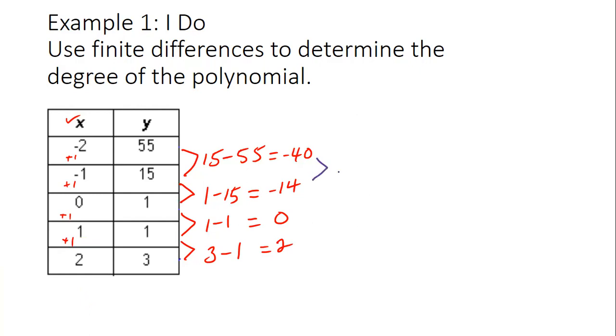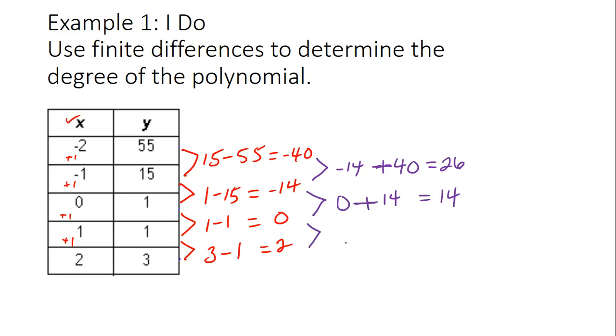Now we're doing negative 14 minus negative 40. A negative times a negative is a positive, so technically this is negative 14 plus 40, which is 26. Now we have 0 minus negative 14. That's actually 14.